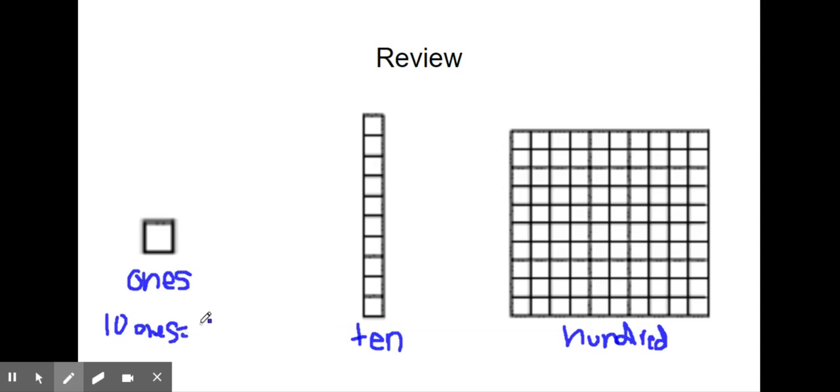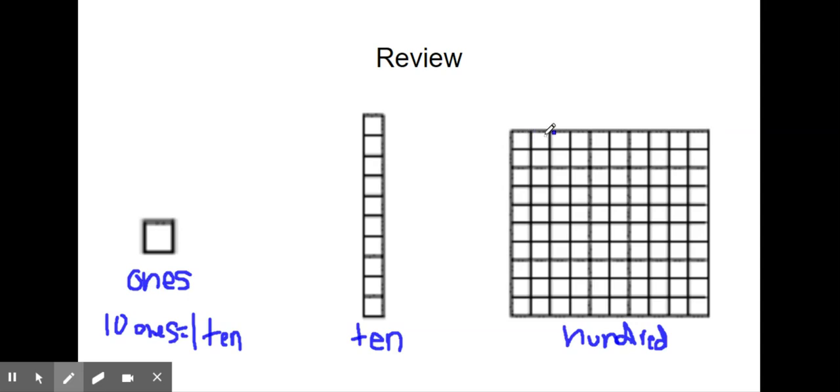equals 10. Okay, now let's look at our 10. How many tens make up 100? So again, this is my 10. I'm going to look. So this is a 10, right?